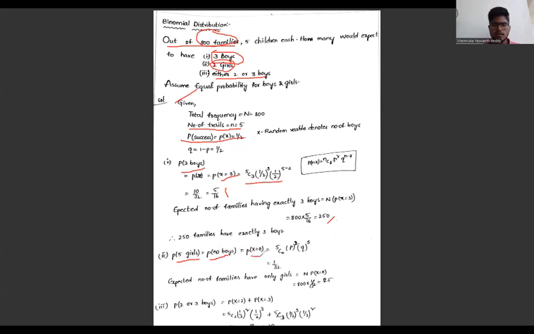Taking boys as the success, we calculate P of x equals 0 by substituting in the formula. We will get 1 by 32. So the probability of one family having five girls as their 5 children is 1 by 32. For 800 families, we just multiply by 800. We will get 25. So 25 families have only girls as their children.